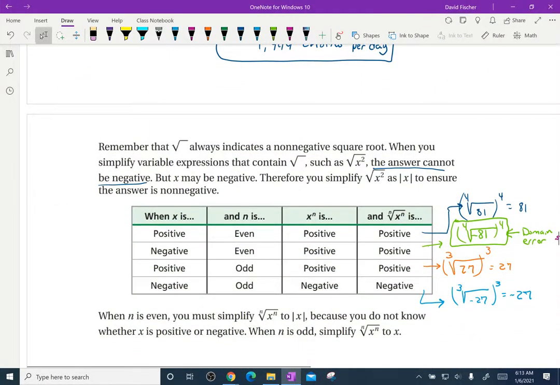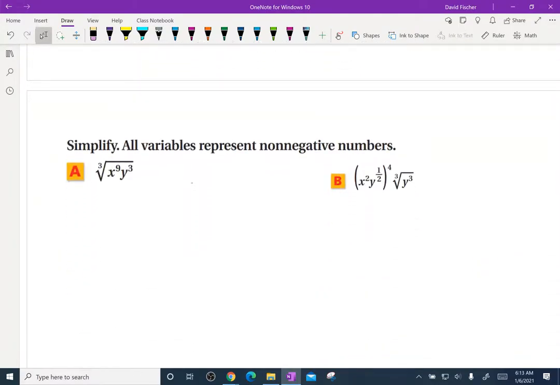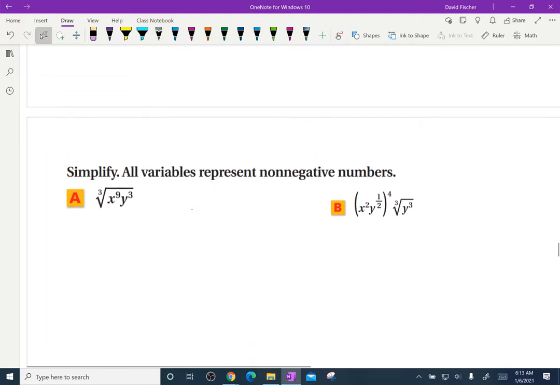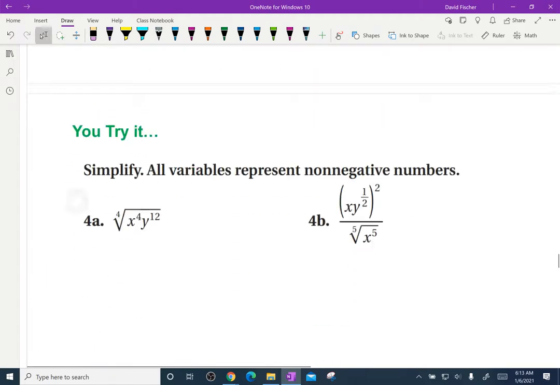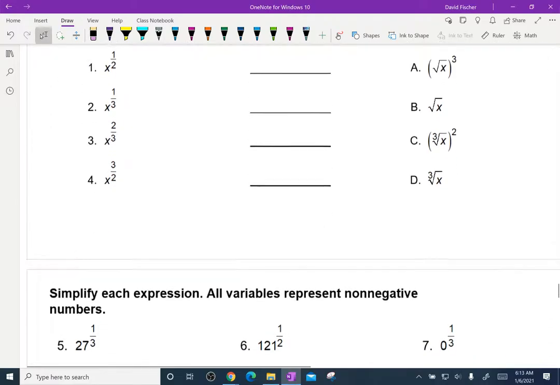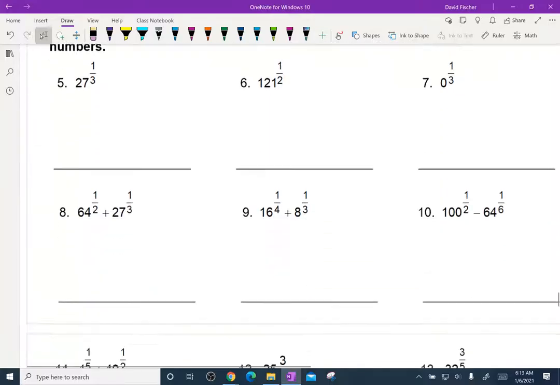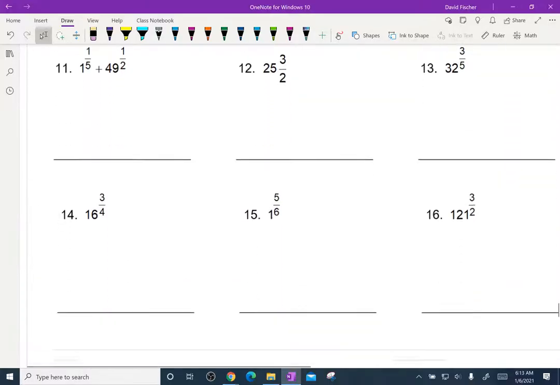Okay. This part right here, I think we're going to wait until tomorrow because we're on a Wednesday schedule today. So we'll pick up on this part tomorrow. On your homework today, do your practice sheet. You should be able to do all of those.